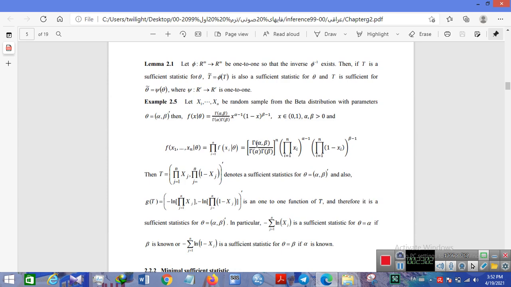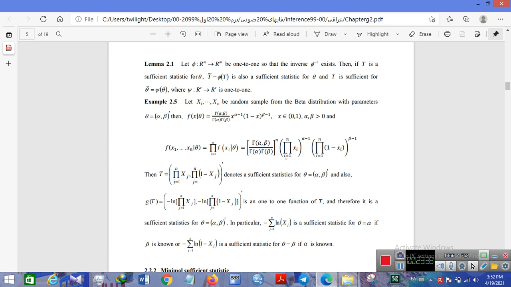Let X_1 to X_n be a random sample from a beta distribution. So the density function of beta is that, and the joint distribution of X_1 to X_n is given by this product. So this part is independent of i and is powered by n.